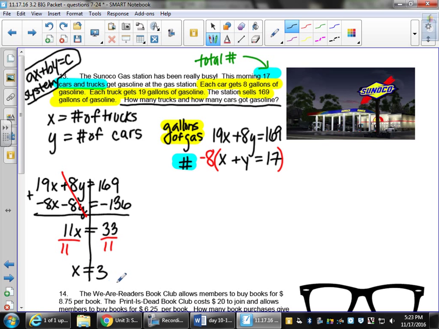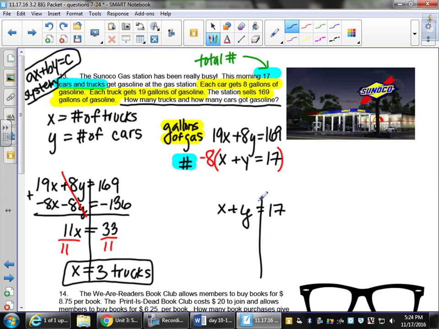Looking at my variables, I defined x to be the number of trucks. So x equals 3 trucks. To find the cars, x plus y equals 17. Again, you could use the top equation, that's fine. We'll get the same answer.